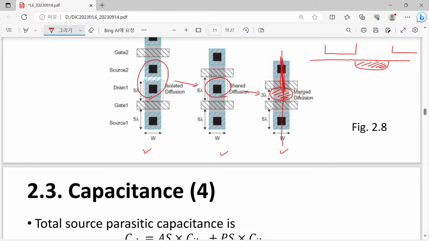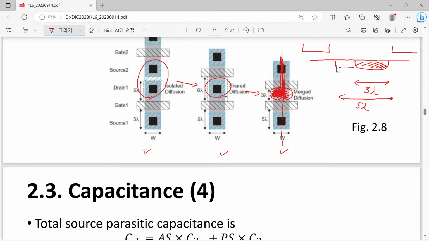This shaded region is also shaded here. In this case, this length is 3 times lambda, and if we have a longer device, instead of 3 lambda, let's say 5 lambda, then what will happen?